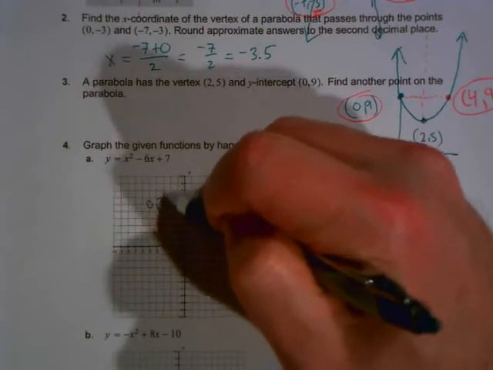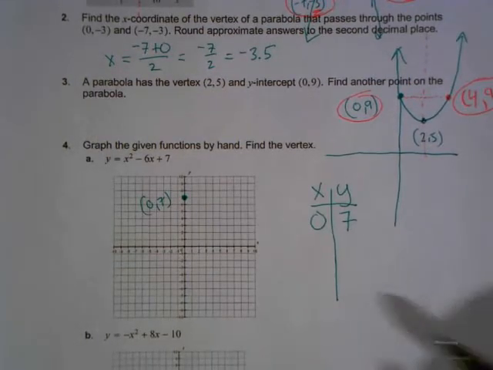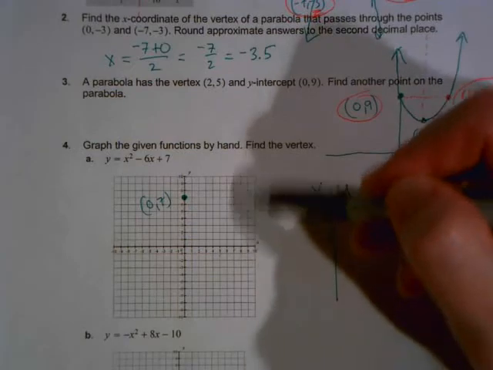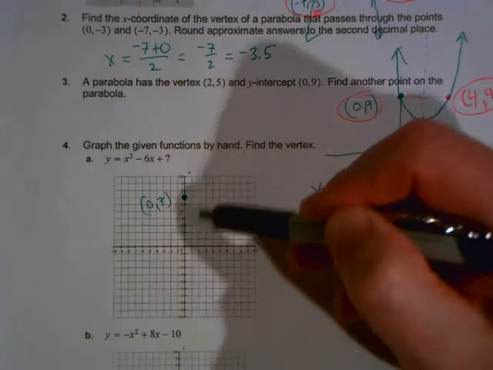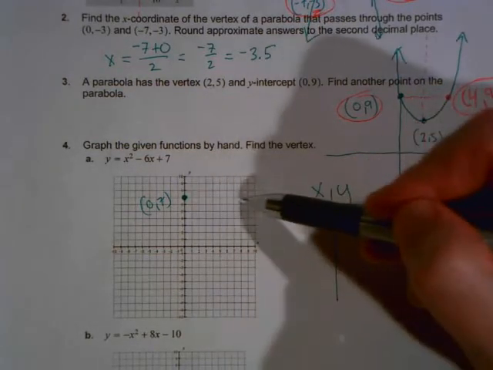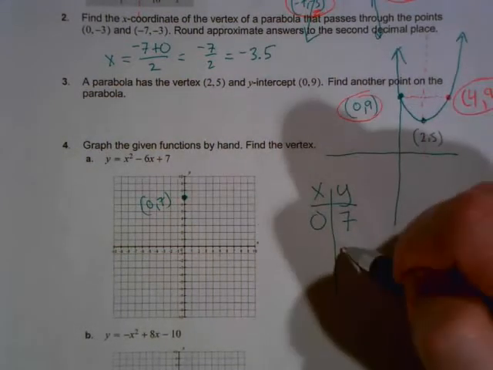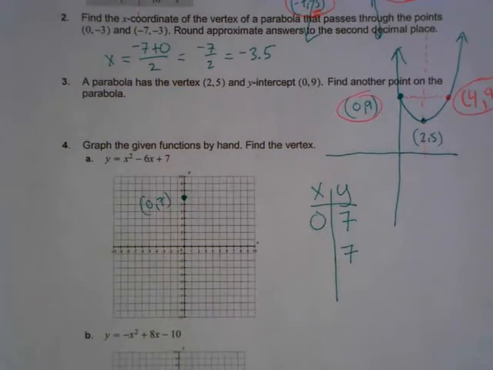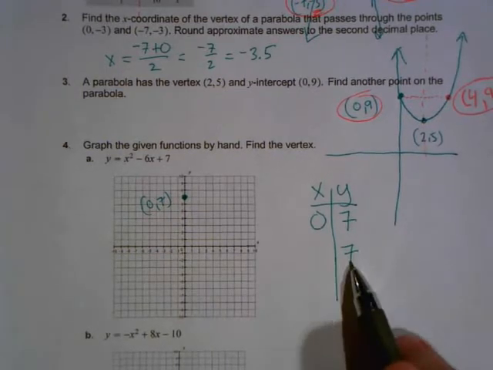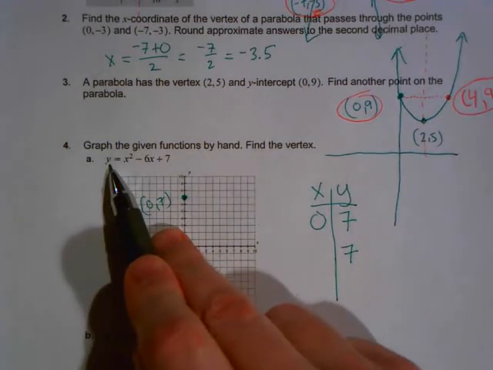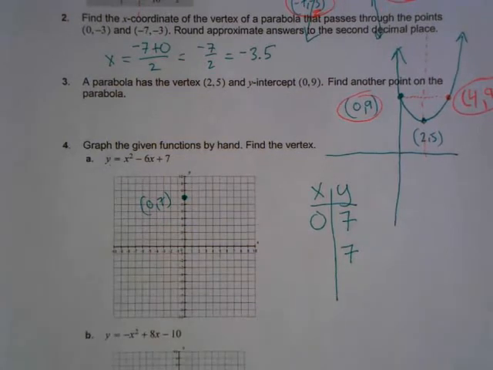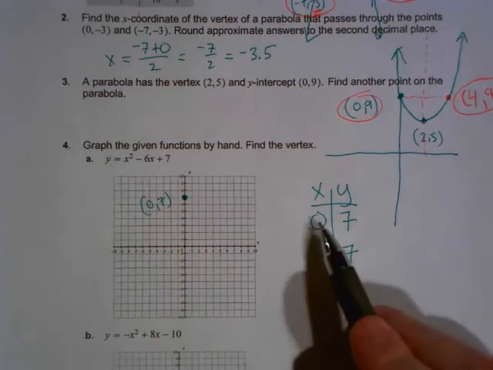Now, what has to happen is this parabola might go down and come back up, or it might go up and come back down, but somewhere there has to be another spot where this hits a y value of 7. So I'm going to take 7 and actually plug it in as a y number. That's a very unusual thing to do. We almost always plug in numbers for x and figure out the y's.